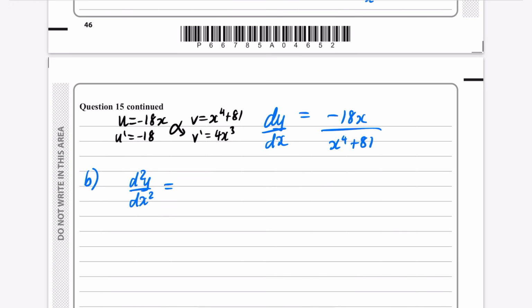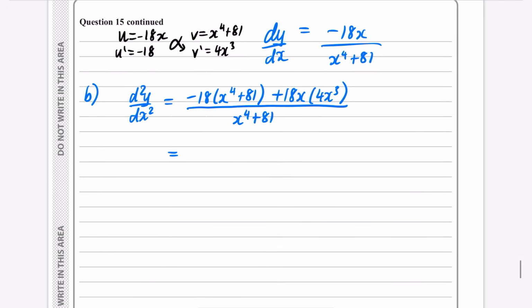So it's going to be minus 18 multiplied by x to the power of 4 plus 81, minus minus 18, so it becomes plus 18x, 4x cubed, all divided by v squared, which is x to the power of 4 plus 81, squared. So simplifying this numerator that we've got, we're now just going to say, for a point of inflection, the second derivative must be equal to 0. So I can just concentrate on the numerator, don't need to worry about this bit anymore. Oops, that was also supposed to be squared, because it's v squared for that.